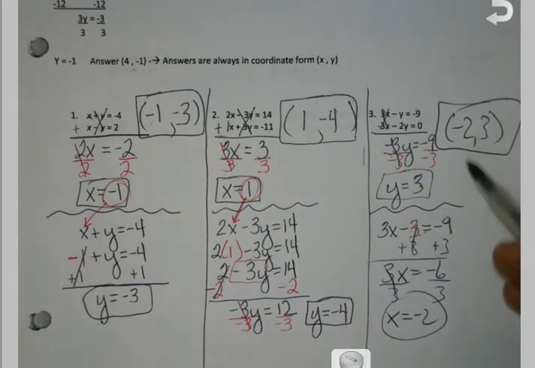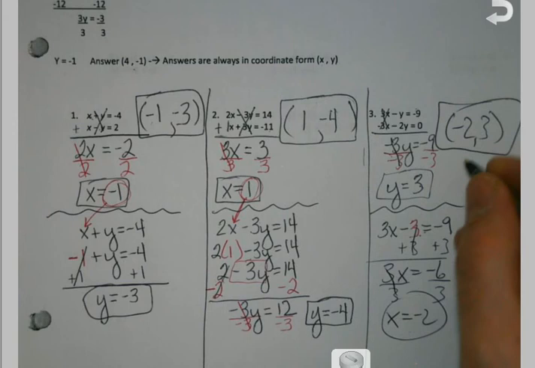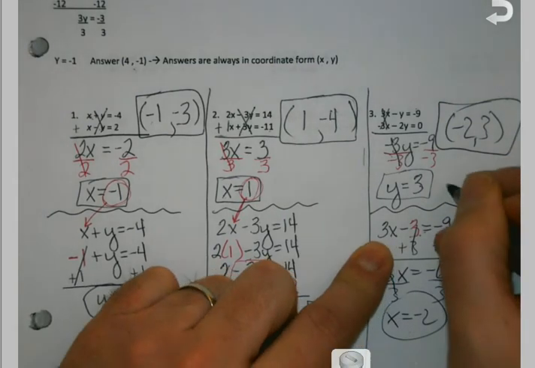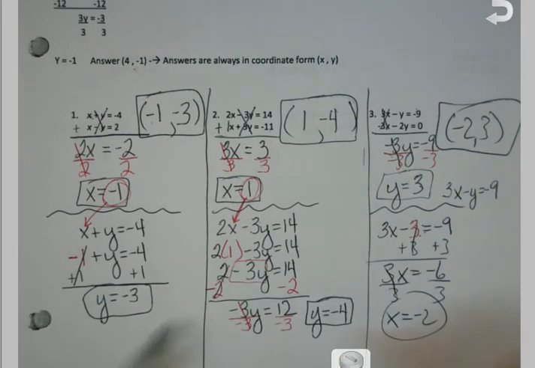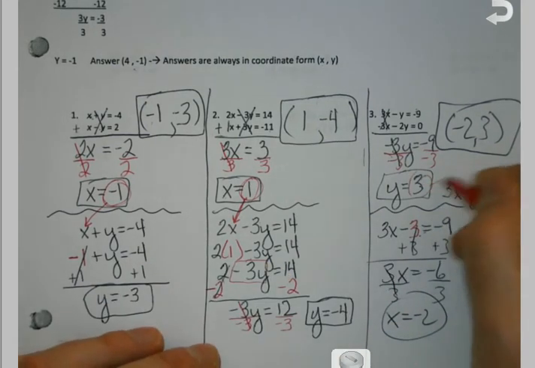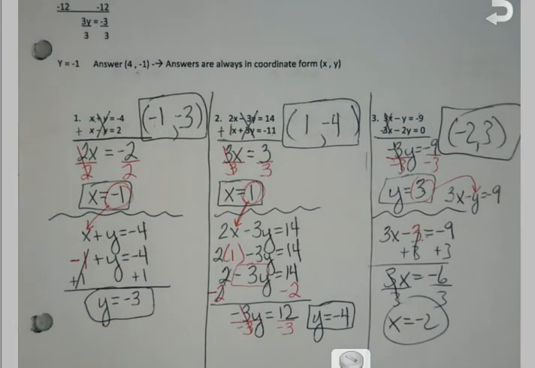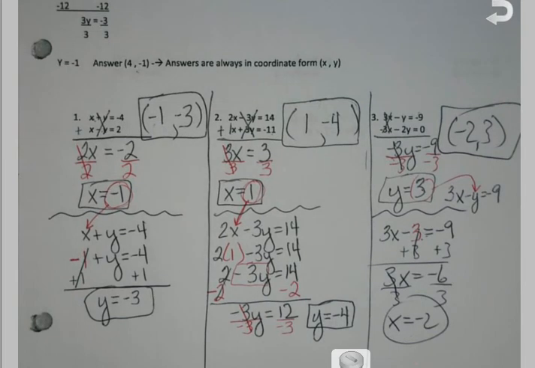But that's why I would prefer, and I didn't even do it myself here, bad me, that you actually rewrite the equation you're going to put it into, because then when you go to substitute, you're going to see that minus there, and it's going to remind you, oh yeah, it's 3x minus 3. Even though it's a positive 3, I'm substituting, that negative's there. So those are just some little detail things.